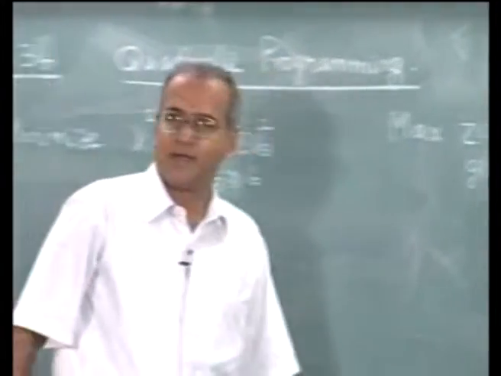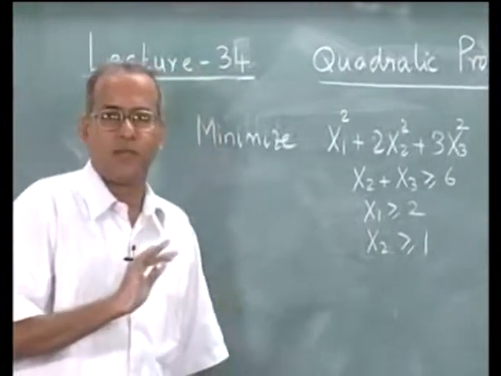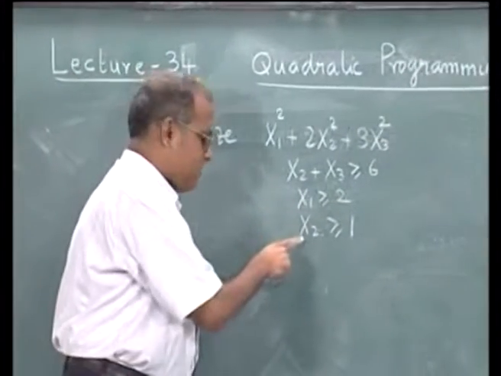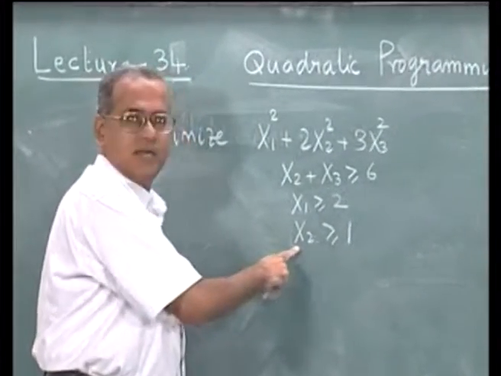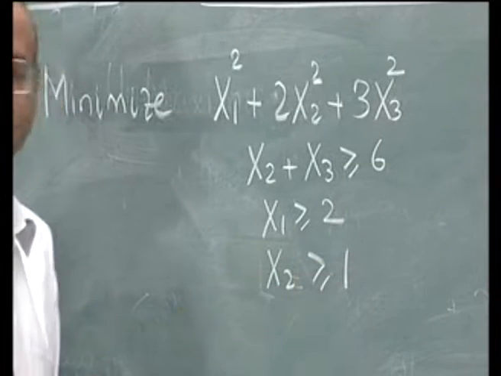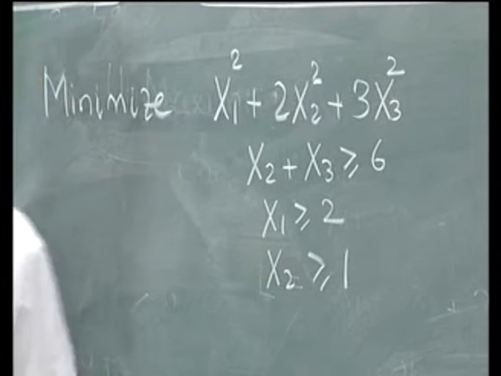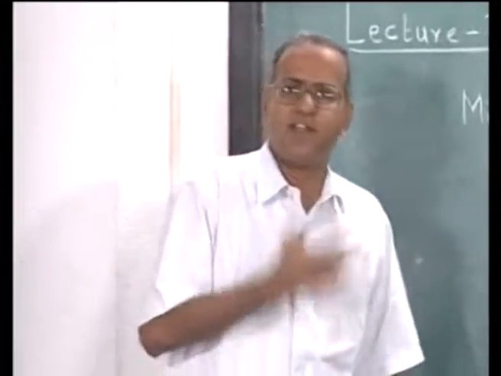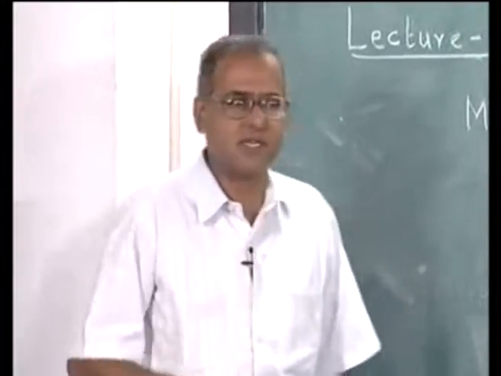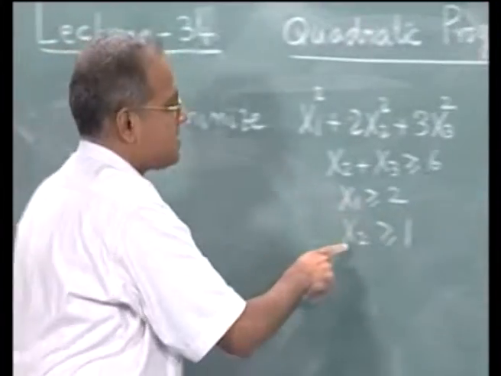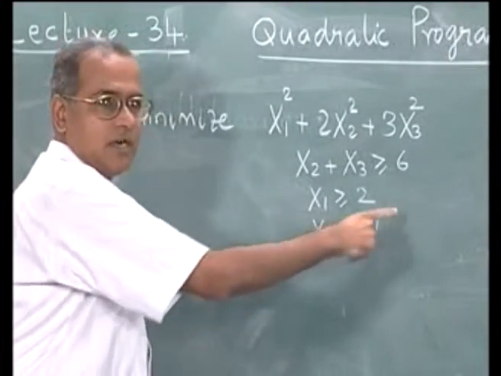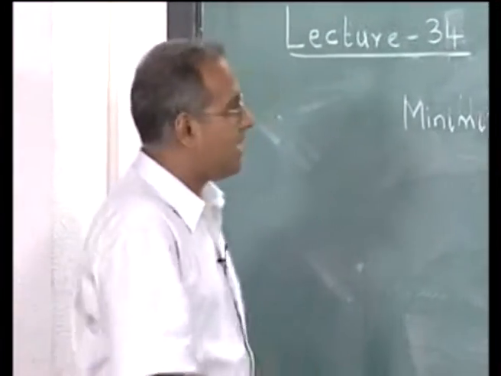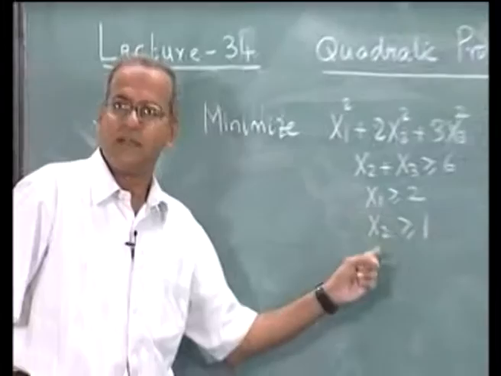Now, in linear programming, we are used to writing this as, for example, x2 minus x5 equal to 1 and putting x5 greater than or equal to 0. Because linear programming has this explicit restriction that every variable is greater than or equal to 0, it was easy to write this as x2 minus x5 equal to 1 and then say x5 greater than or equal to 0. In nonlinear programming, we do not have this explicit thing.